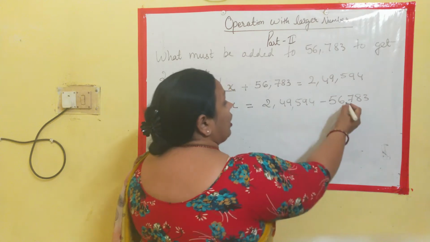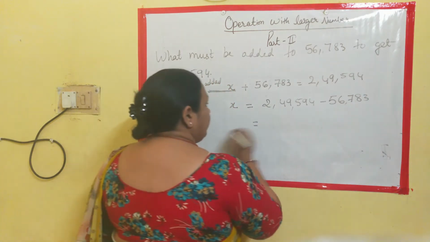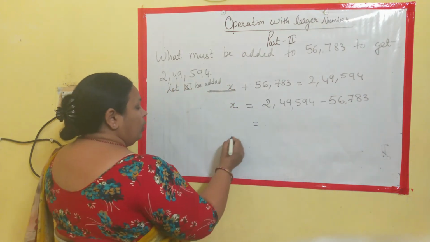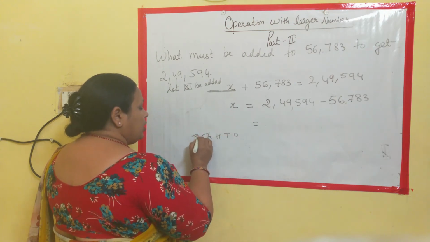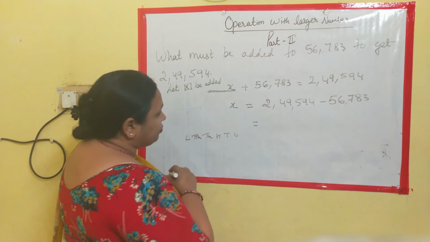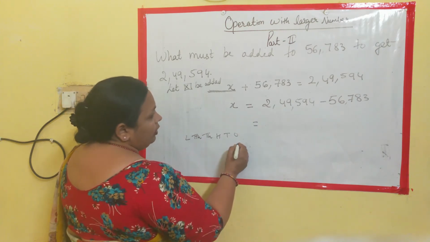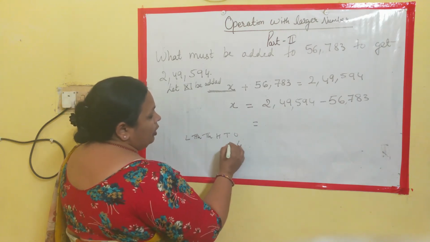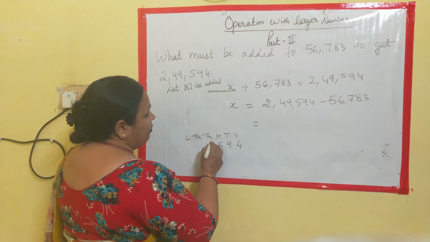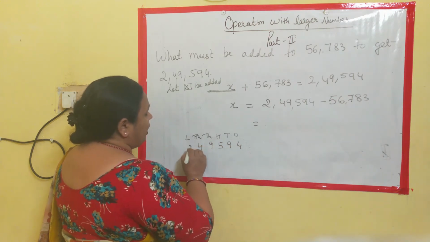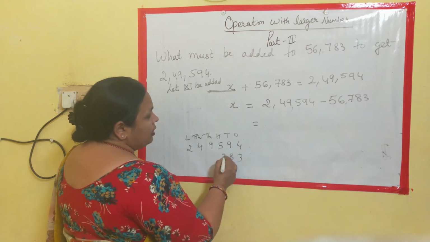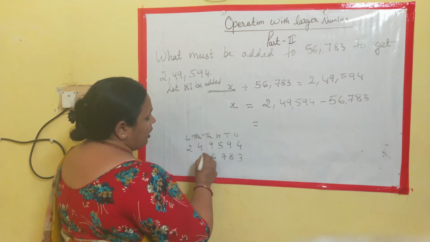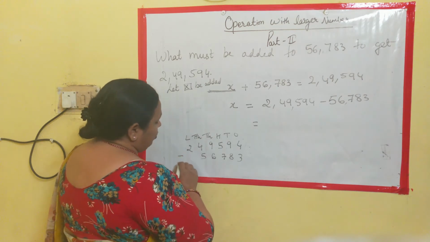Clear? Now, for the operation, ones, tens, hundreds, thousand, 10,000, lakh. We have this is 4, 9, 5, 9, 4 and 2. The other number is 3, 8, 7, 6 and 5. We need to do subtraction.